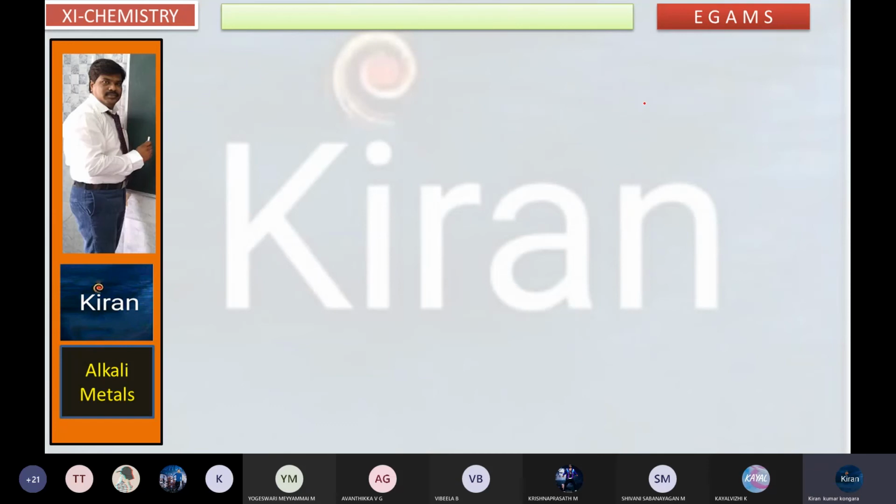So for example, I am taking one atom. This is the nucleus, this is the first shell and this is the second shell. Here some electrons are there. When you want to remove this electron, you require energy.